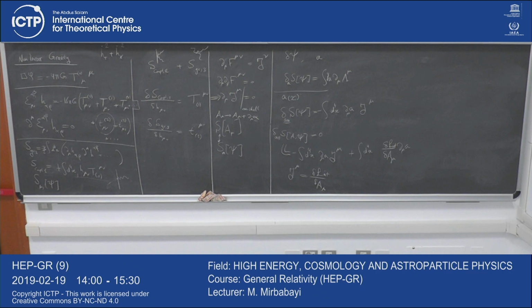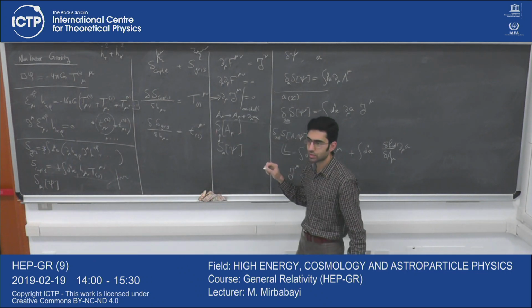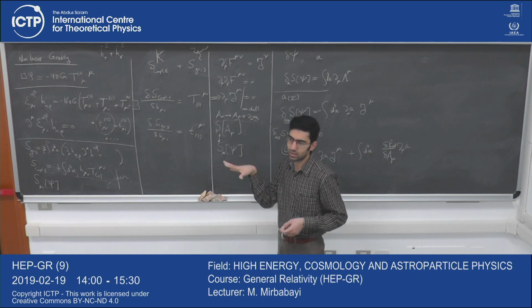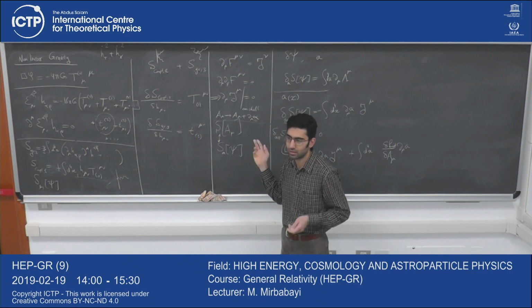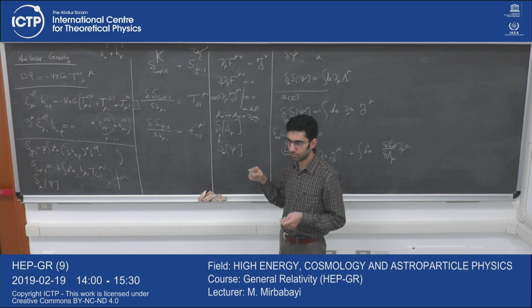You might ask about the global property of the group, because when you say U1, you want to come back to the same point after 2 pi. Since I'm just writing an infinitesimal transformation and the topology of the space I'm considering here is trivial, it wouldn't matter much. But yeah, in principle it can.